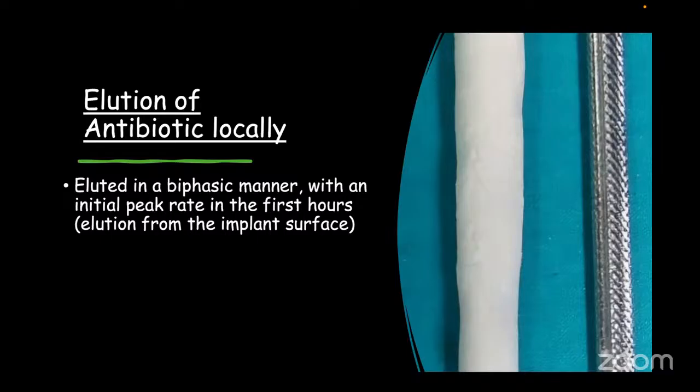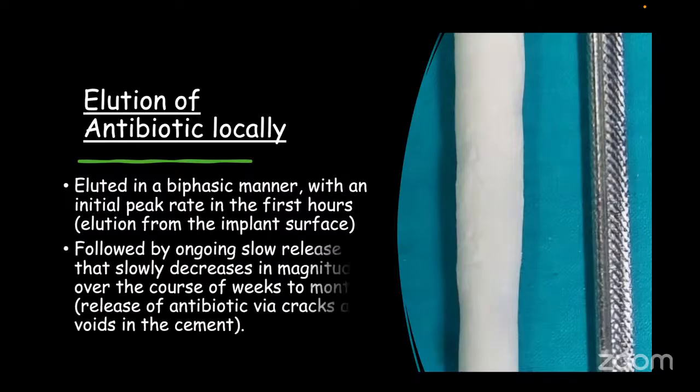Elution of the antibiotic locally. It is eluted in a biphasic manner, with an initial peak in the first hours, the elution from the implant surface, followed by ongoing slow release that slowly decreases in magnitude over the course of weeks to months, release of antibiotics via the cracks and the voids in the cement.